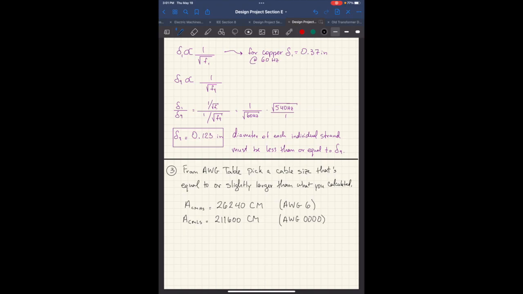All right. What we're going to do now is we actually have to consider insulation. These numbers are not including the insulation. This is the circular mill of just the conductor, no insulation. So we're going to have to consider a little bit of insulation.